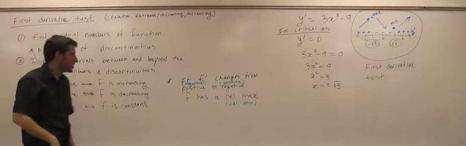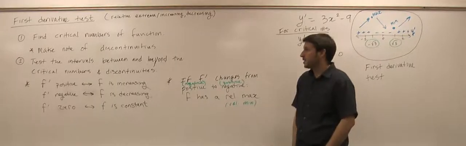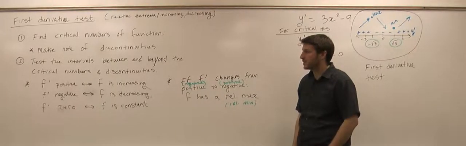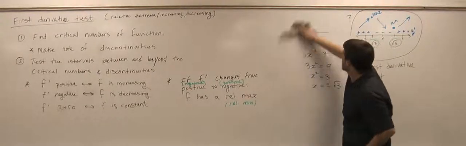This procedure can help you find pretty much everything you know about a function. Okay, relative max, relative min, increasing, decreasing. Make sure I know how to do it now. Let me give you some examples.